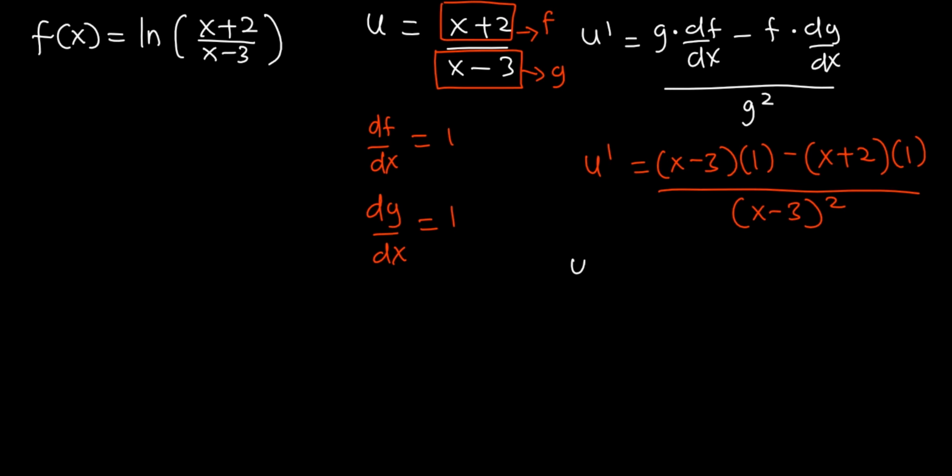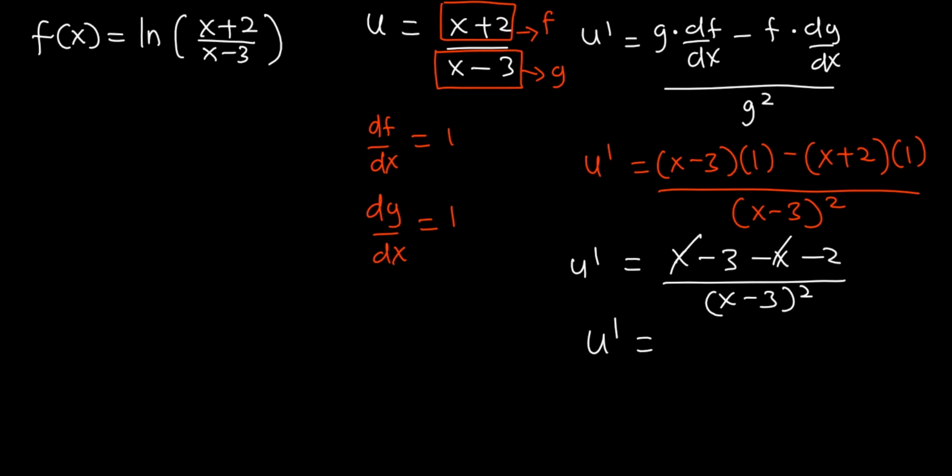I'm going to have u prime equal to x minus 3 minus x minus 2, and then all this divided by x minus 3 squared. So now let's simplify this. This x will cancel out this x here. Then I'm going to have u prime equal to minus 3 minus 2, which gives us minus 5. So we will have minus 5 divided by x minus 3 squared.